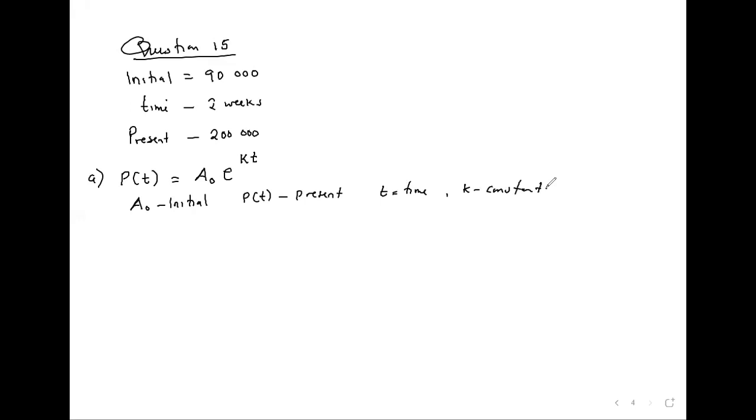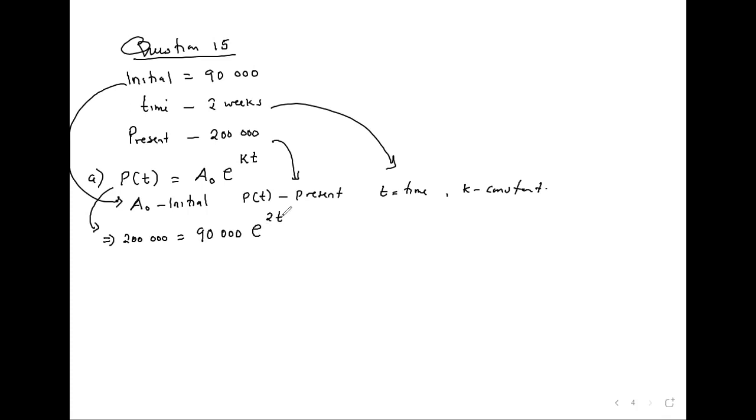So in this case, we've been given 200,000 as the present, this guy as time, and initial as A naught. So you substitute there, the equation is going to be 200,000 is equal to A naught, which is 90,000, and then e to the power K, which is unknown, and T is 2 weeks, so we have 2K.